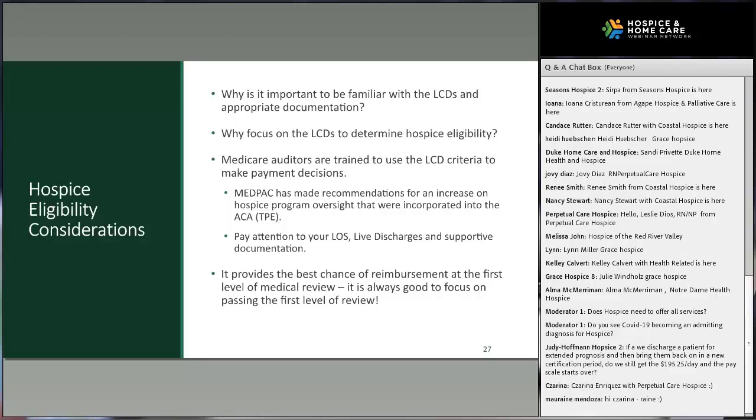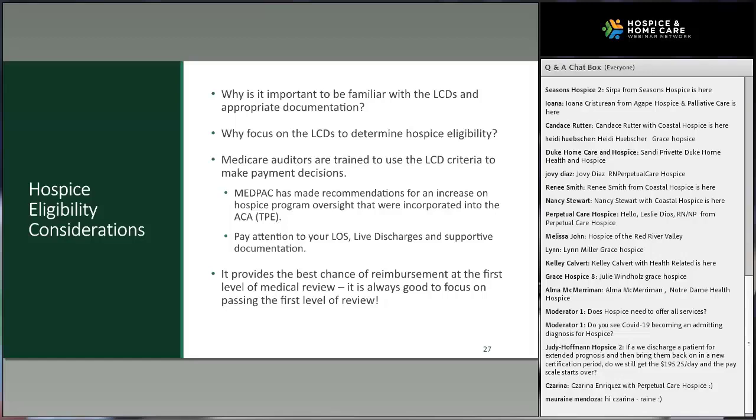Medicare auditors are trained to use the LCD criteria to make payment decisions. MedPAC has made recommendations for an increase in hospice program oversight, as we know, and that oversight has been incorporated now into TPE, and we'll talk briefly about that. We do talk about TPE in other presentations and webinars, but it's important to use that because you can help avoid some audits down the road.